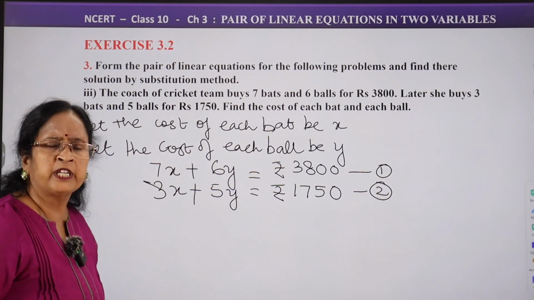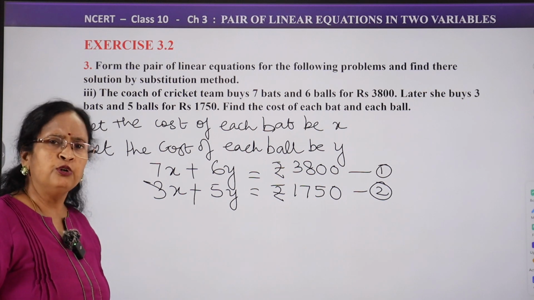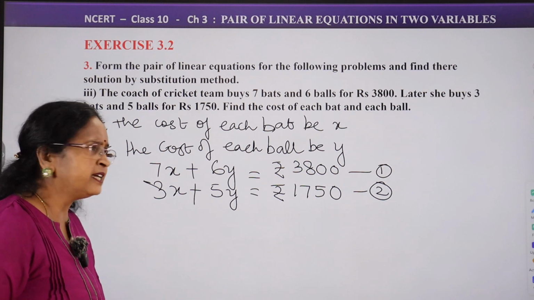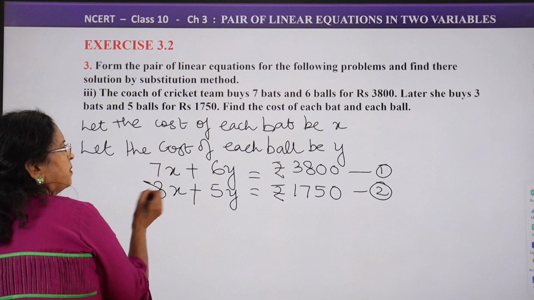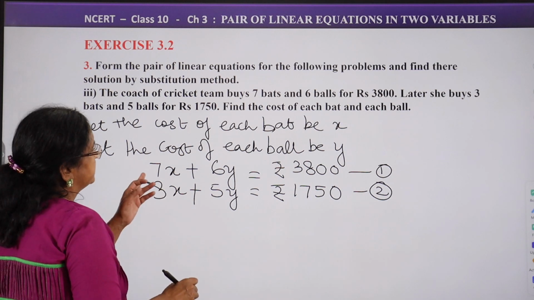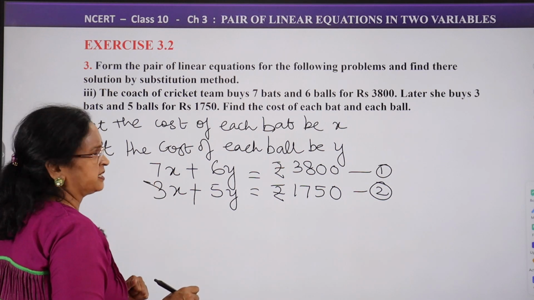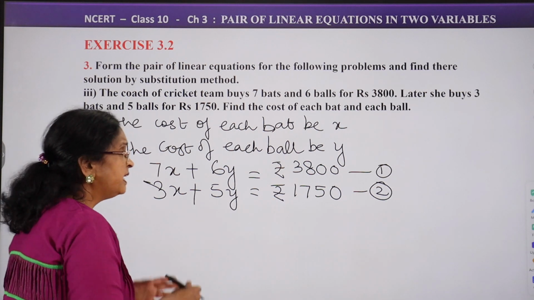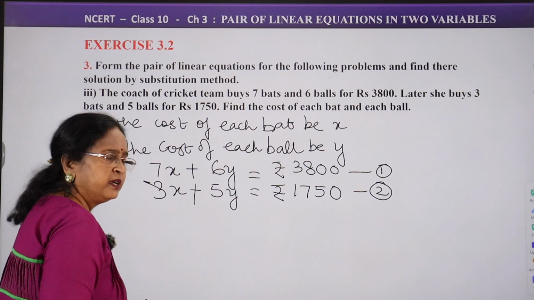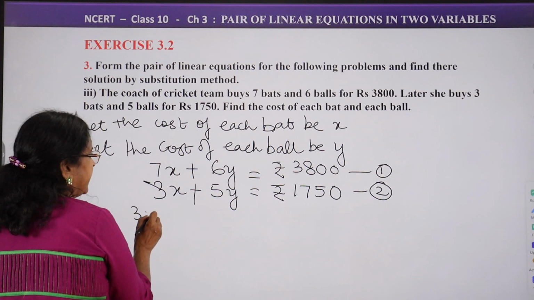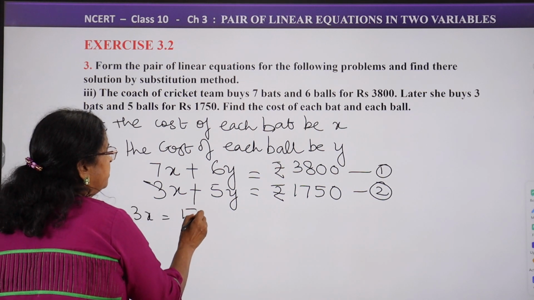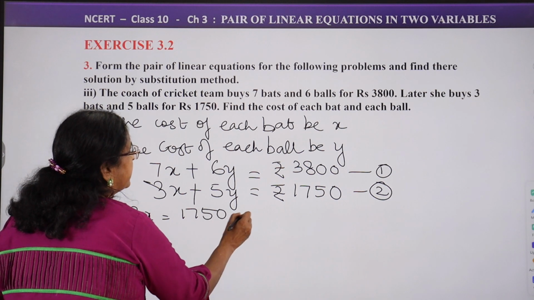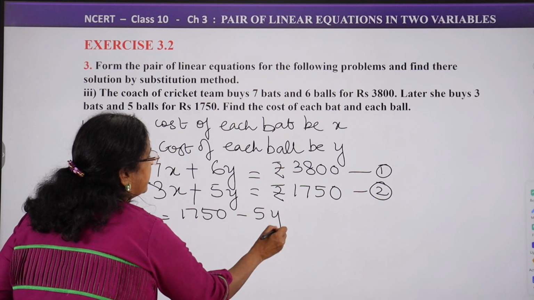Now by substitution method, we are supposed to solve. Let us get started. In the first equation it is 7x, this is 3x. The number in the constant is also less. Let us take equation 2. 3x is equal to 1750 minus 5y.